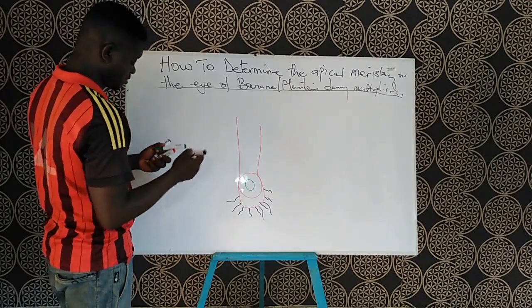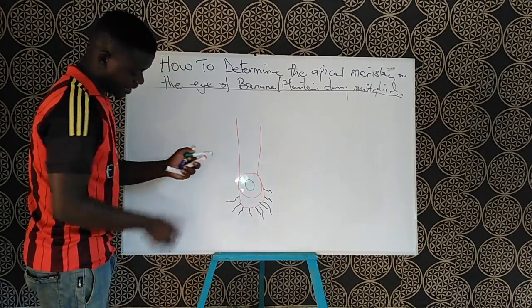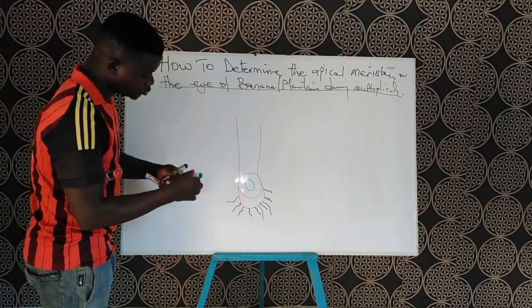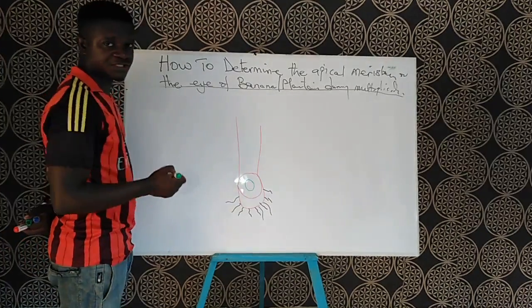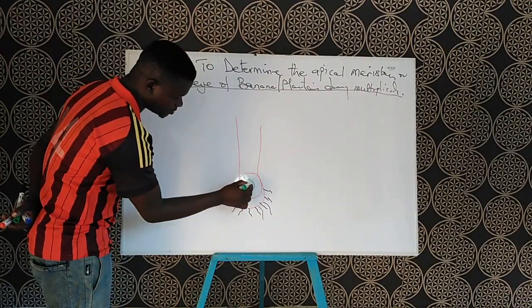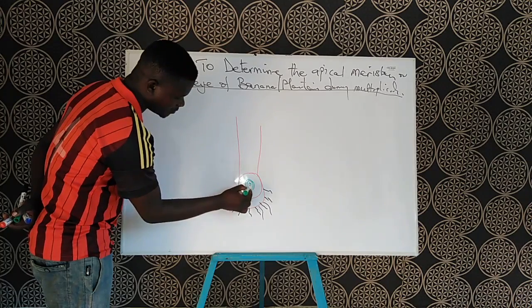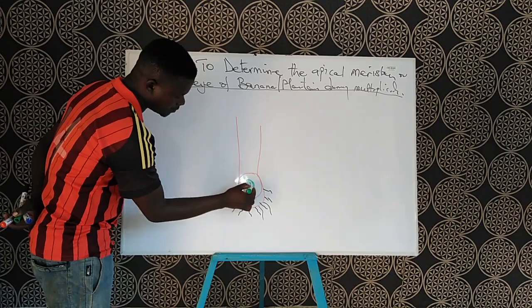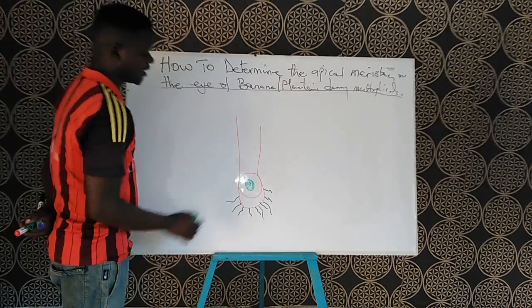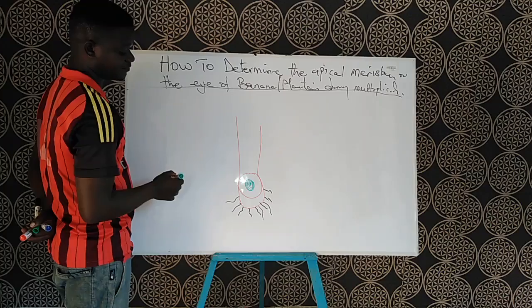Now, if you look at the base closely, you see that there is an inner portion, made of a ring, something like this. And that is the apical meristem.